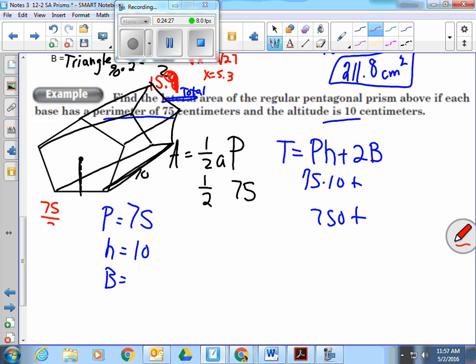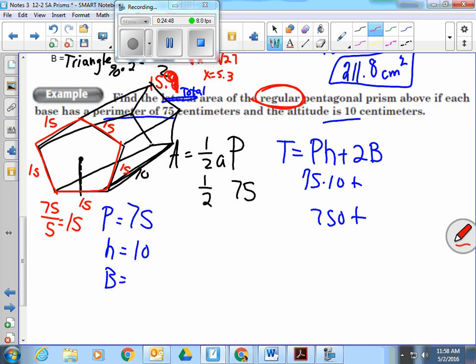Why would I do 75 divided by 5? Good, because there are 5 sides, and if the perimeter of those sides is 75, that means that each side has to be 15. I know they all have to be exactly the same because it tells me it's a regular shape, right? Are we okay there?